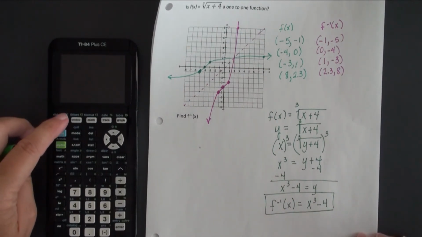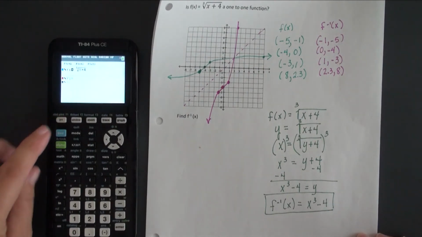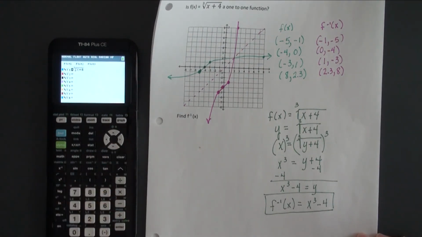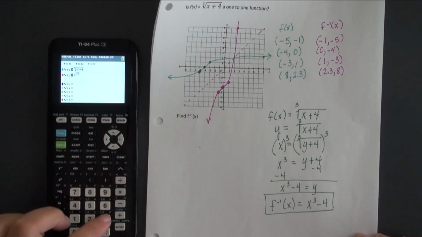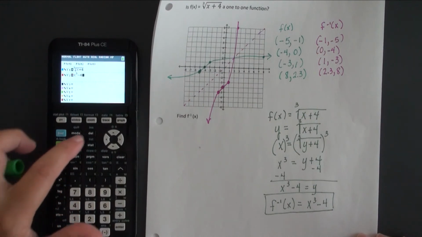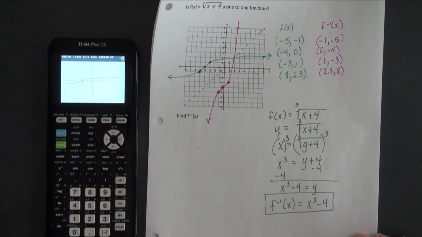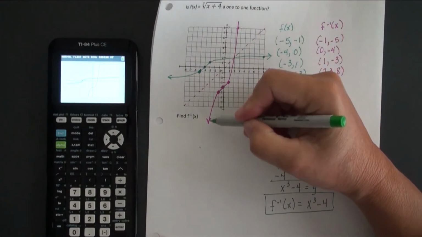Now, let's go into our y equals and go to the y2 and type in x to the third minus 4 and graph. And you will see the same graph that I have drawn here in pink.